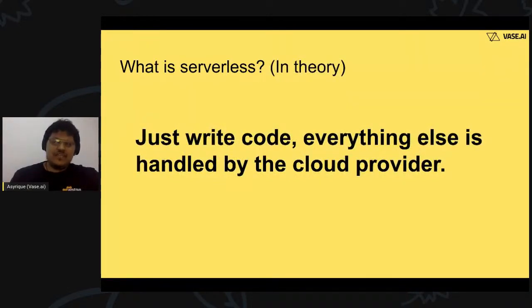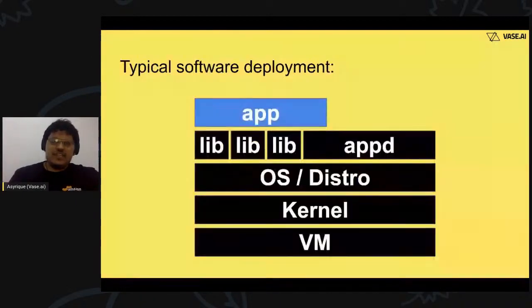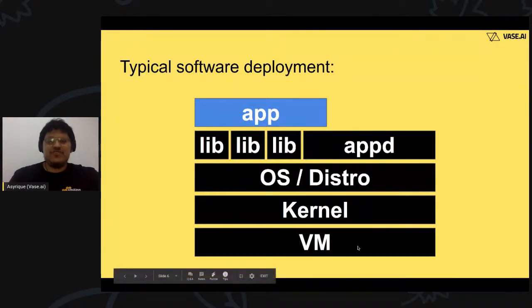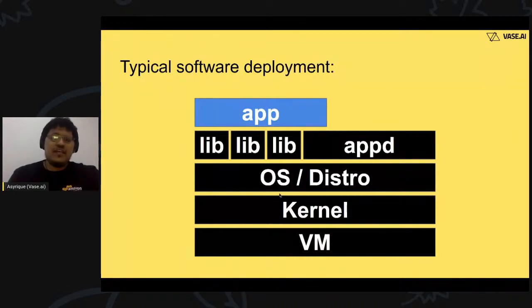As an engineer, when you are deploying an app, this is what it normally looks like. Even though the app that you write is only this part, you actually have a whole stack that you manage. When you start up a VM, let's say an EC2 instance in AWS, you have your virtual machine, the kernel on top of that, normally a Linux kernel, but could also be Windows if you're running a Windows workload.